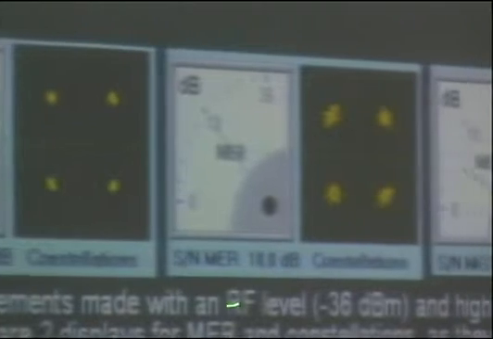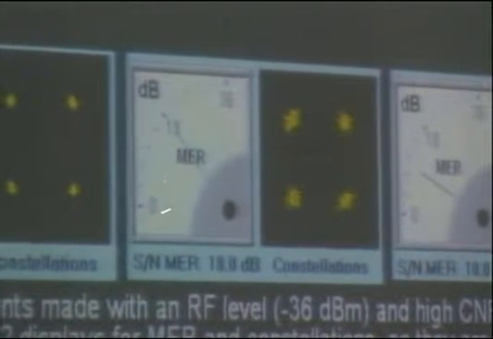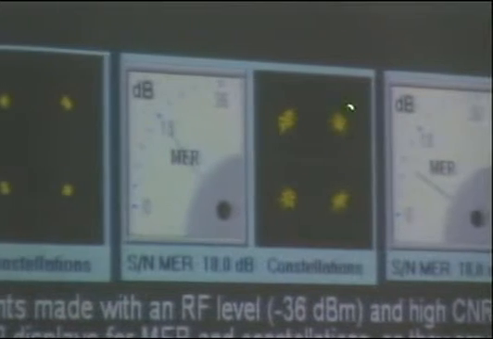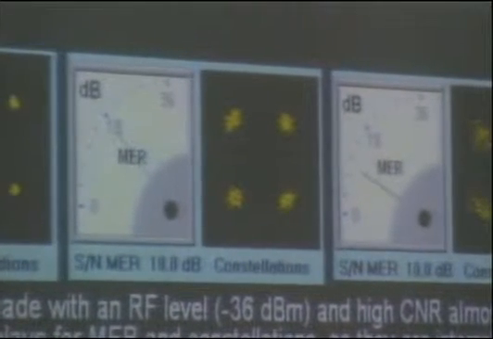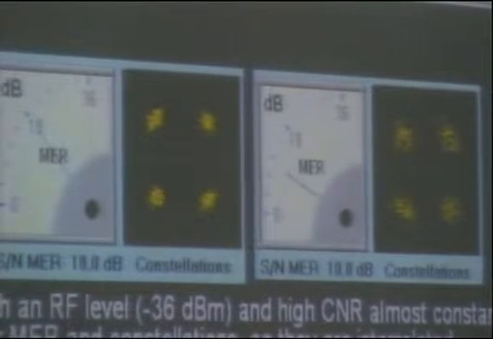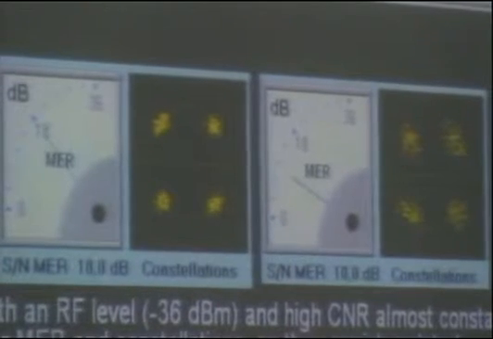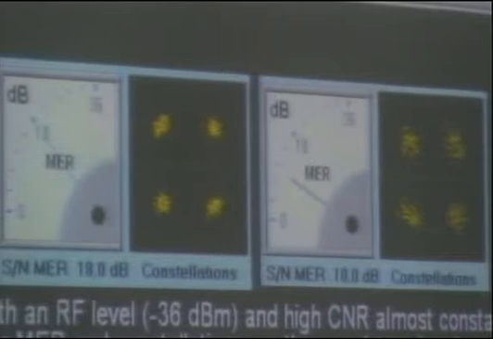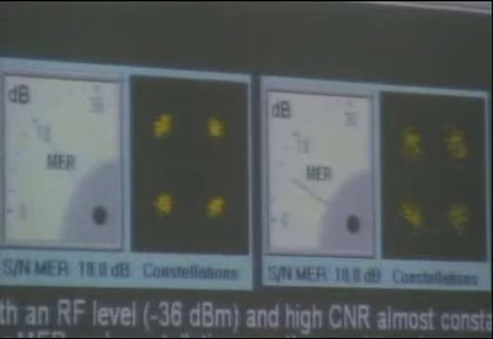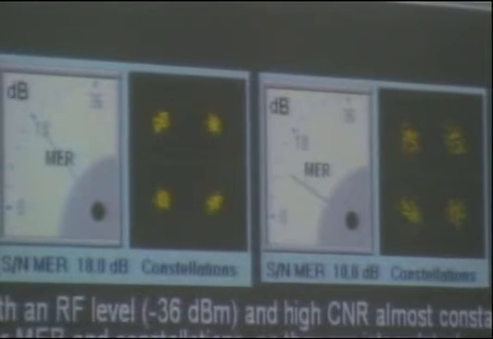And you will see that when the MER is going down, all the clouds made by the constellation are going to be bigger and take more place. With this MER, the constellations are very big.